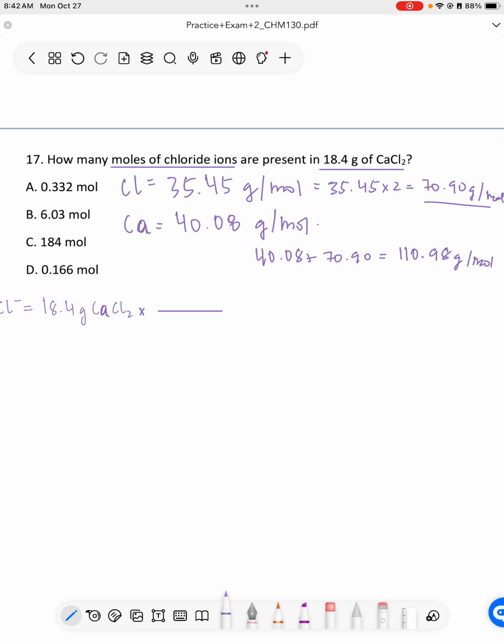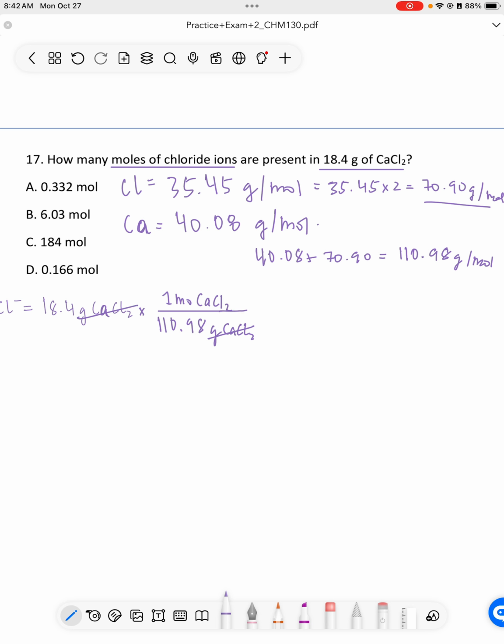So for every 1 mole we have of calcium chloride, it weighs 110.98 grams per 1 mole of calcium chloride. We want to make sure we write that every time. It gets tedious, but it helps us keep track of what we're doing.